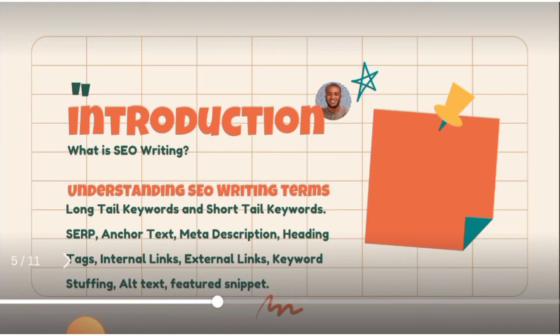So, featured snippets. Now there are different positions on Google's first page. You can have position 0, position 1, position 2, position 3, position 4, and so on. Position 0 is actually the featured snippet. The featured snippet is those short snippets of text or information that appear at the top of Google's search engine result page to offer quick and concise answers to the search queries.